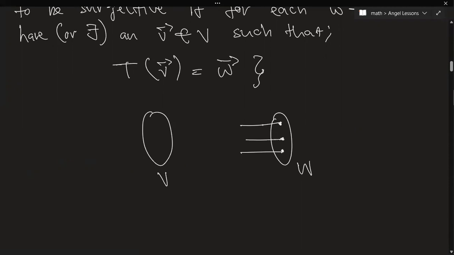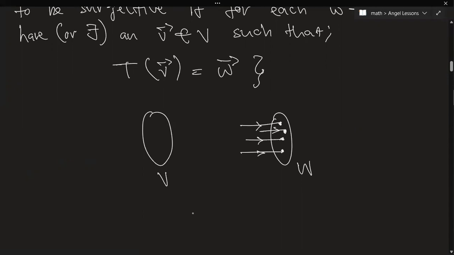Each element in W must be linked with an arrow. But if there are elements in W with no arrows coming into them, we say that this is not a surjection anymore. So a linear map is said to be a surjection if for each element there is an arrow, which shows that there is some element in this set where the arrow is coming from, mapping into that element. That's what a surjection is all about.